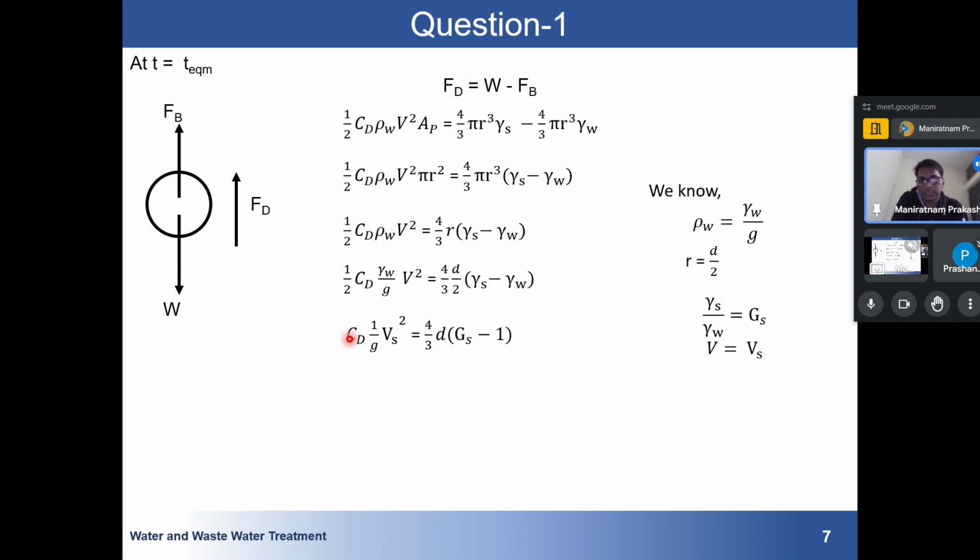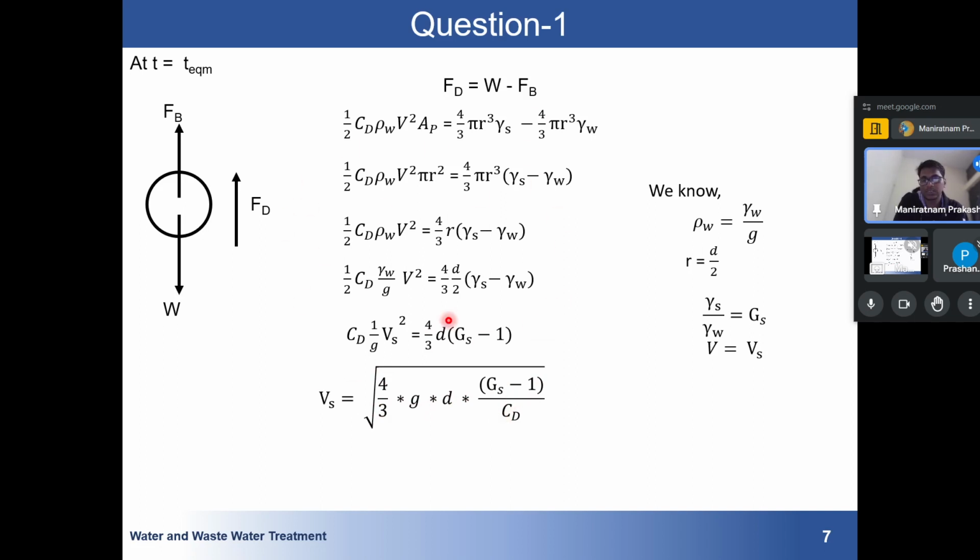So I will be getting CD, the drag coefficient, 1 by g Vs square is equal to 4 by 3 (Gs minus 1). After taking this term in the denominator and taking the square root on both sides, I will be getting the settling velocity Vs equal to under root 4 by 3 g d into (Gs minus 1) divided by drag coefficient.